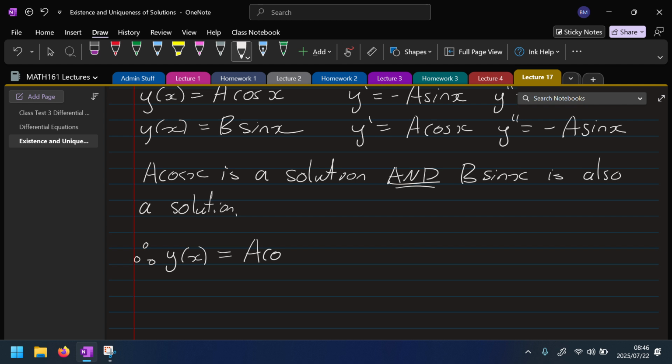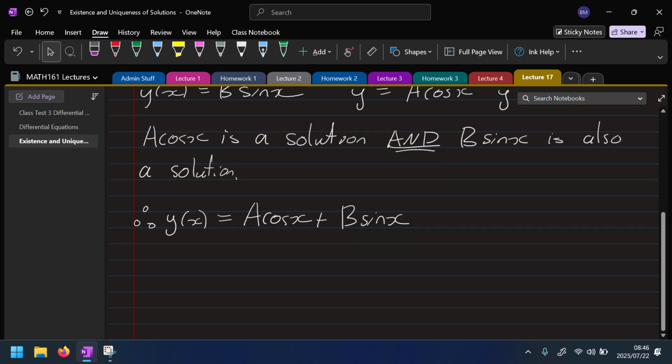So if I take a cos x plus b sine x, and I'll take the combination of them, this is also a solution. So a cos x, that's a solution. b sine x, that's also a solution. We check that. a cos x plus b sine x, that is also a solution.